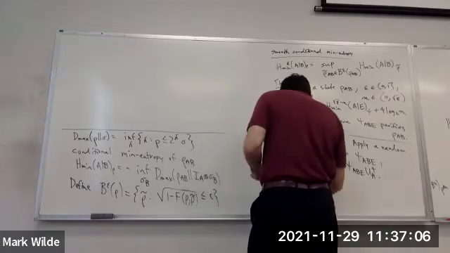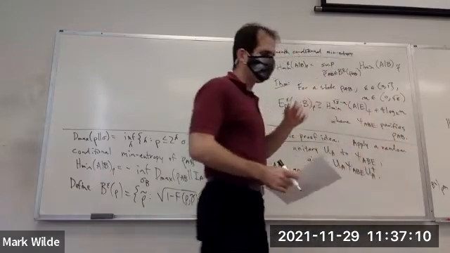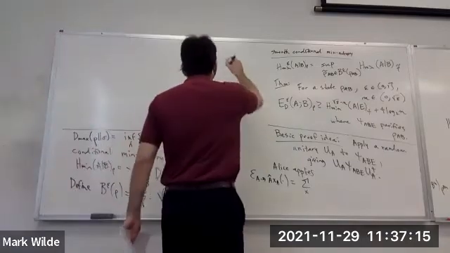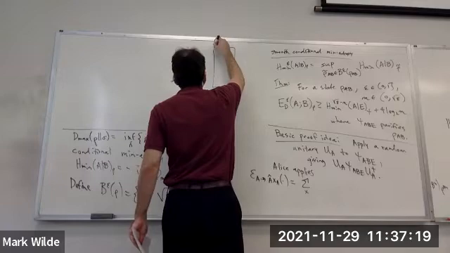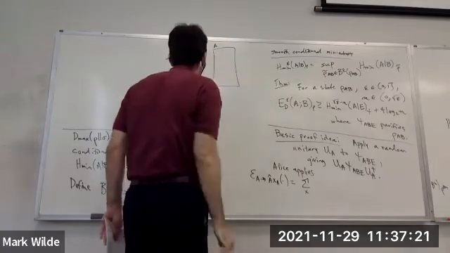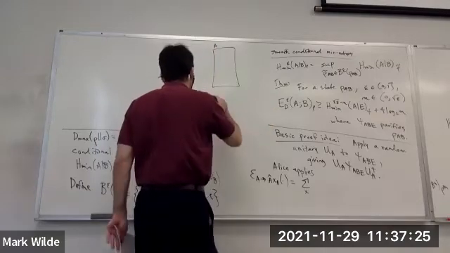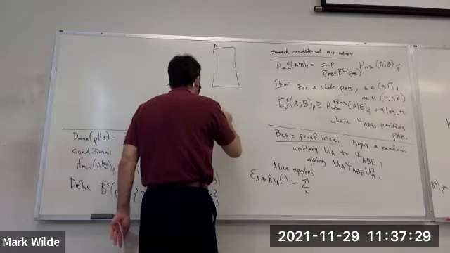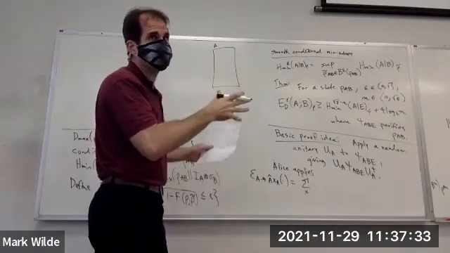So it will just be her Hilbert space, think of it like this. This will be Alice's Hilbert space. And we'll suppose for simplicity that the dimension of A divided by the dimension of the target system is an integer.